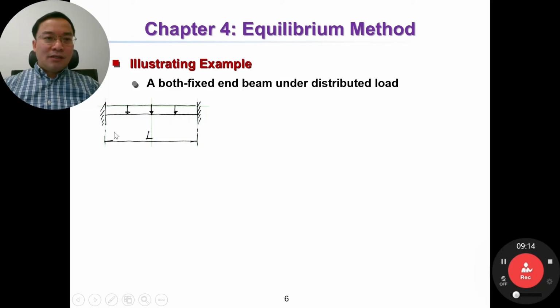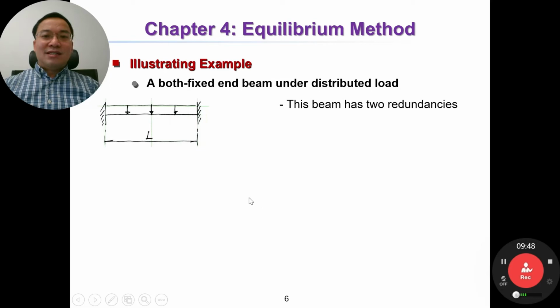Take a look at this structure. How many redundants? In this structure, we have two redundants, the moment here and the moment here.